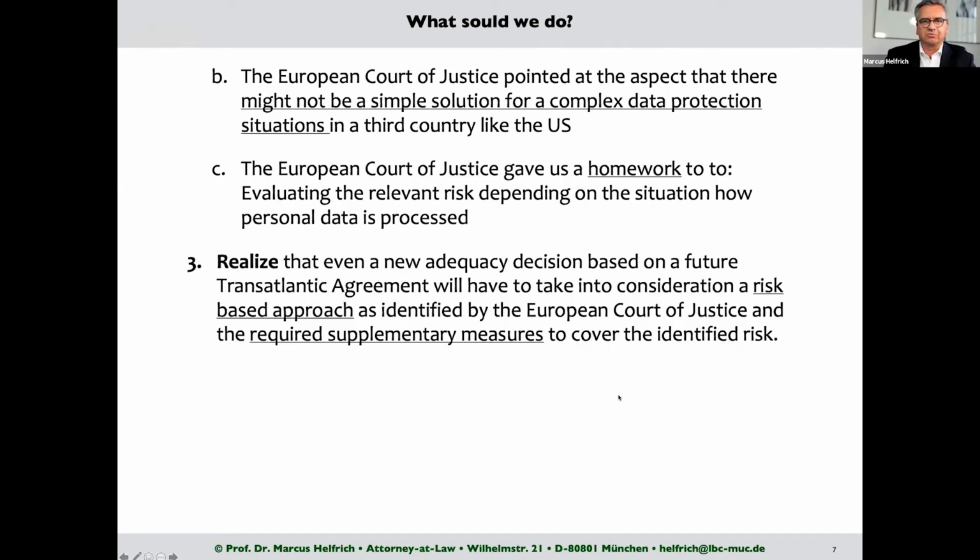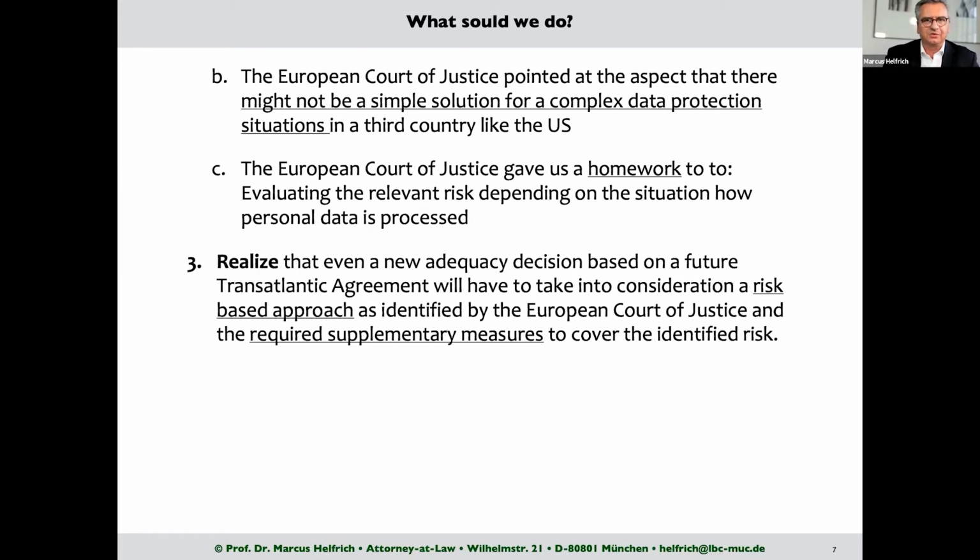So now 3.3 is we have to realize that even if we have a new adequacy decision according to the GDPR, maybe an adequacy decision based on a new transatlantic agreement, this adequacy decision as well as the transatlantic agreement will have to take into consideration a risk-based approach.